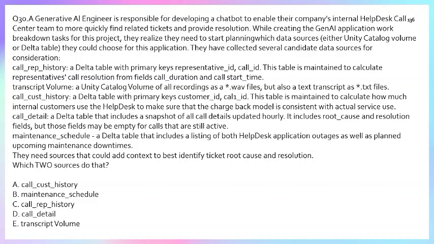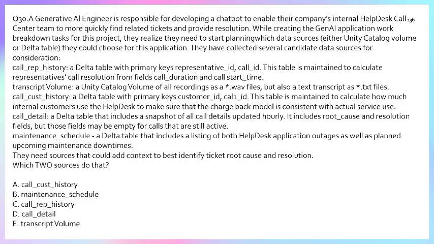The question is about identifying the root cause and the resolution, meaning the problem and the solution, and this table explicitly contains those fields. So it can be used as the historical data to train the model and understand how to pass the issue or resolve it. So I think option A is correct.